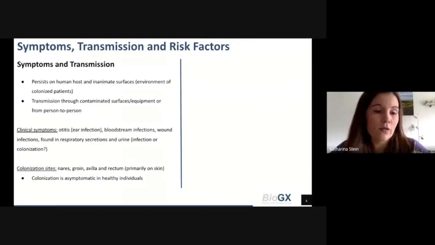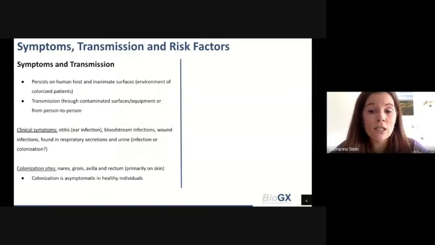So if Candida auris is identified in respiratory samples or urine samples or also on the skin, the question needs to be asked if it's an active infection or just colonization. So common colonization sites are primarily on the skin. So usually samples are taken from the nostrils, groin, axilla, or the rectum as well. And when colonization is present, it's usually in healthy individuals and it does not cause infection and is asymptomatic.